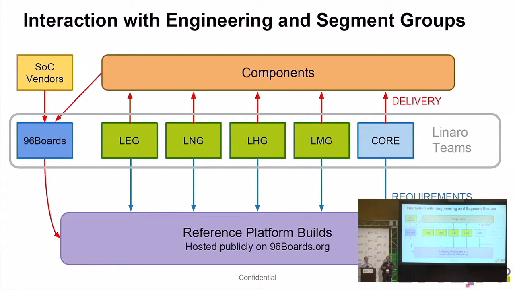They are making it available to all their members as well as the 96-board team. The 96-board team is the team that is reusing all the work by all the segment groups and the core engineering at Linaro, and is packaging, testing, documenting, and supporting it on the 96-board community. So there is no duplication of efforts. By all means, it's in the interest of the whole Linaro and 96-board teams to have a full synergy.